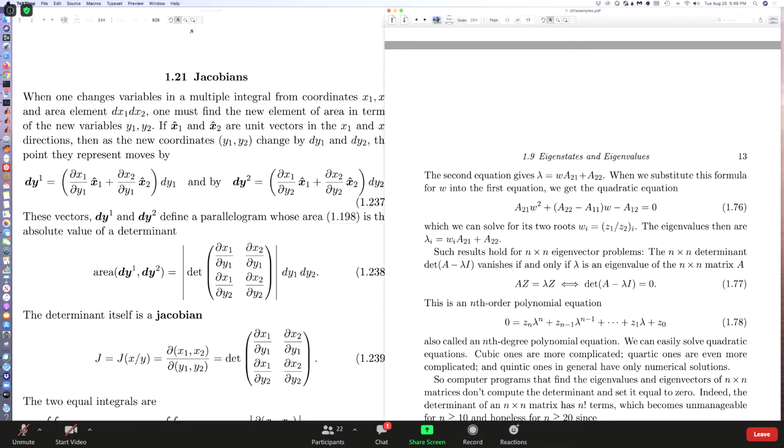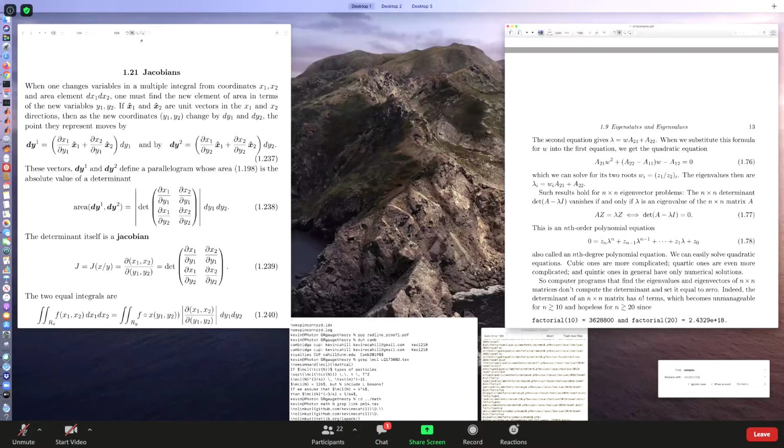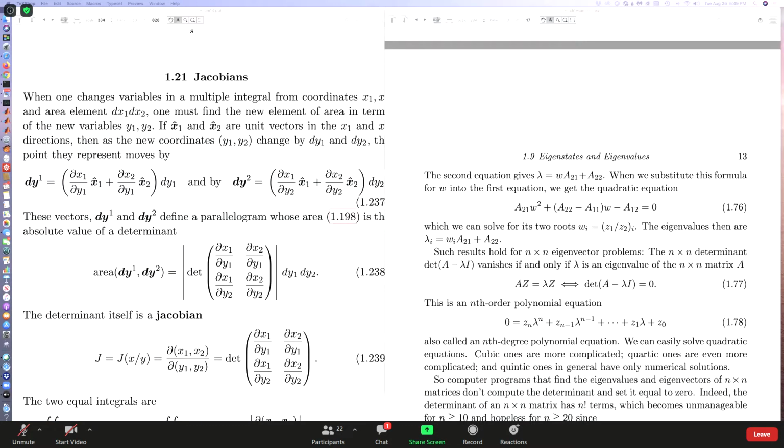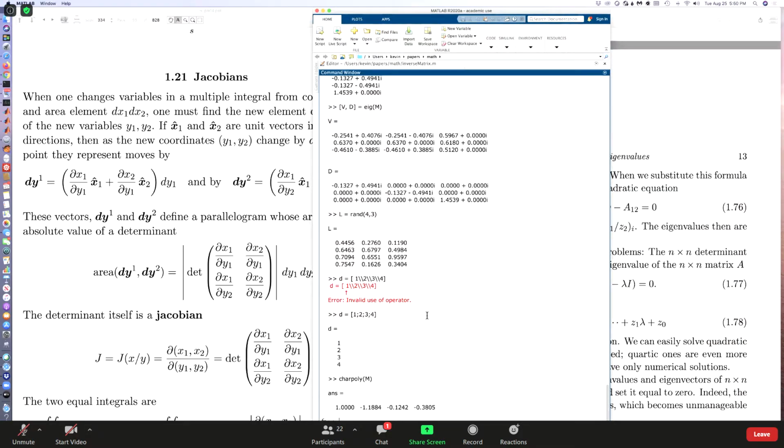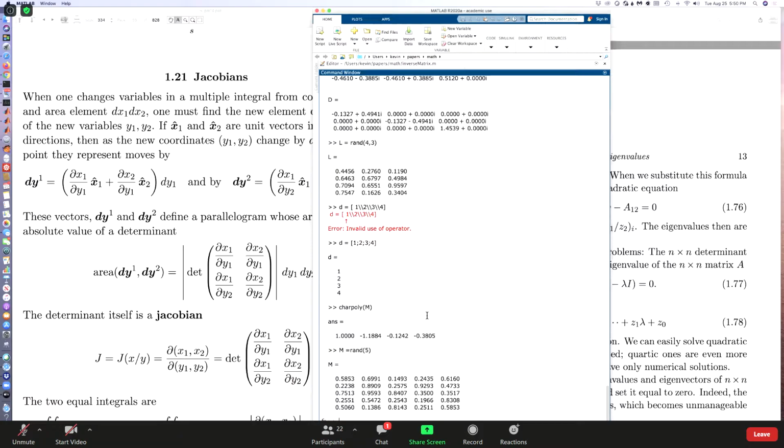In fact, if I grab Matlab, let me do a live example. Let's set m equal to rand of 5. This will be a 5 by 5 random real matrix. And then we say charpoly of m.